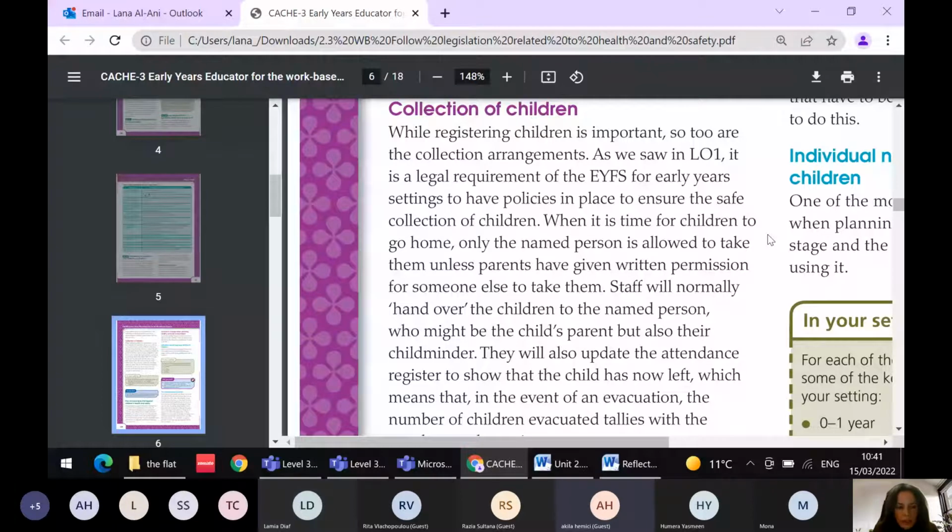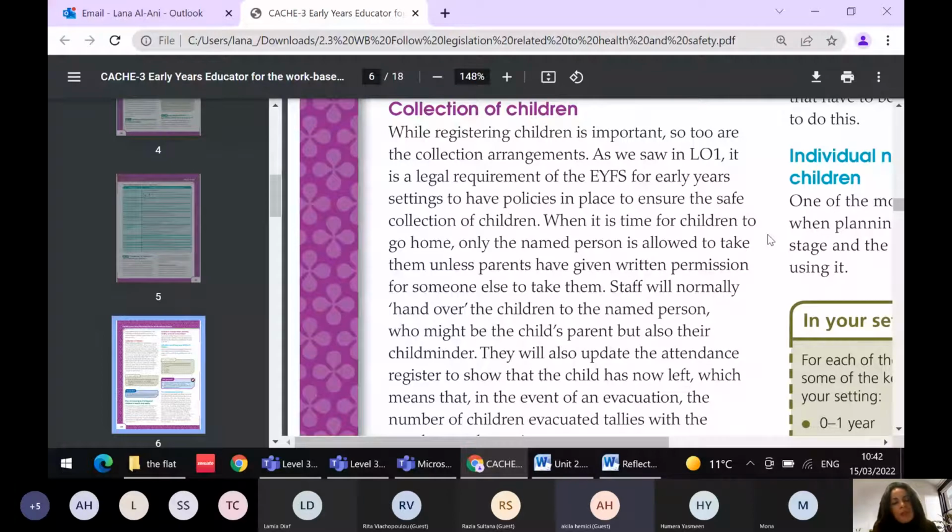Yes, very good. So we need to take him off the register, because why? If a fire has happened, after the child's been taken home, you will be so worried. You think he's still inside, because you wouldn't have any idea in your mind, only this register. You just follow it. So we need to record them when they are collected.